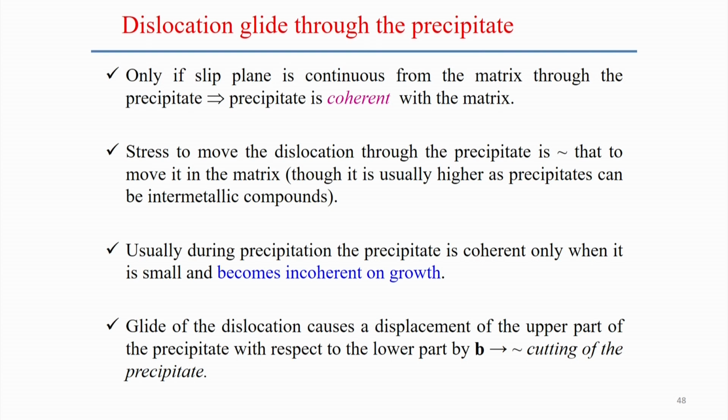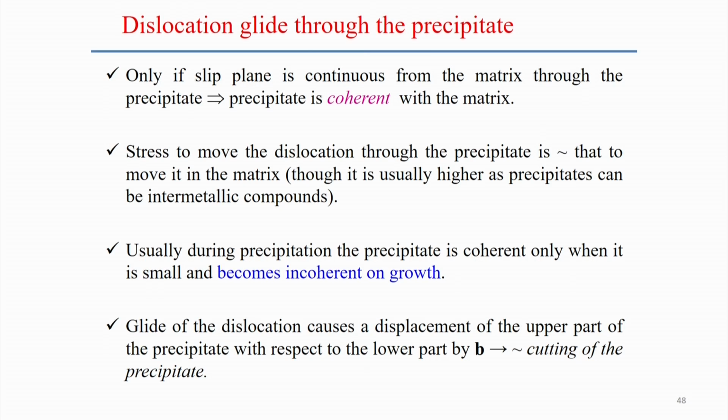The stress to move the dislocation through the precipitate is usually higher than in the matrix, as precipitates can be intermetallic compounds. So coherency should be maintained when we explain this mechanism.